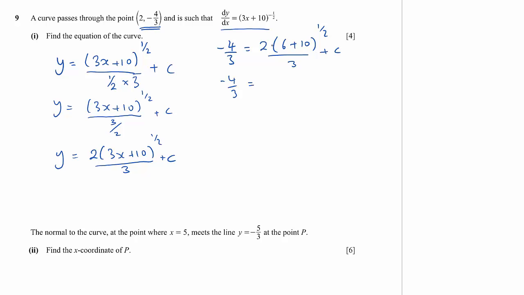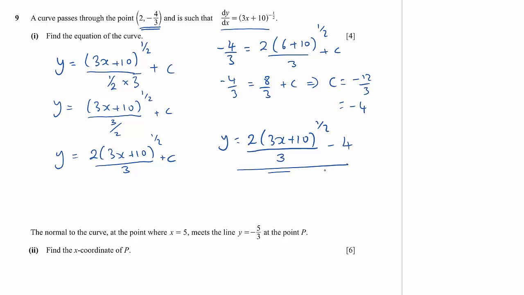The square root of 16 is 4, times 2 is 8, so that's 8 over 3 plus a constant, which means that c is equal to -12 over 3, which is -4. So we have y equals 2 times (3x + 10)^(1/2) over 3, take away 4.